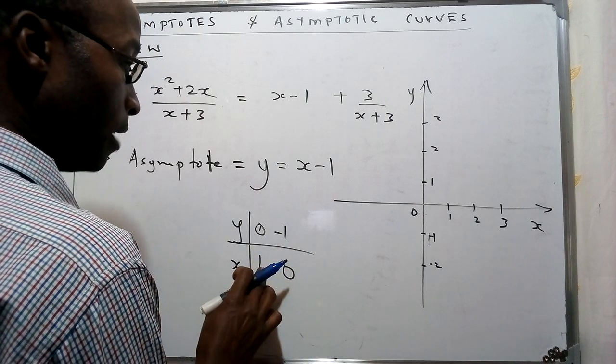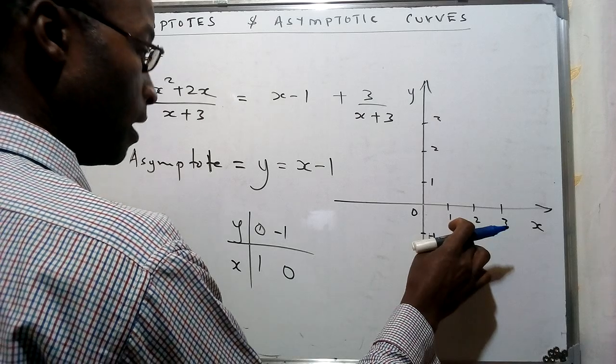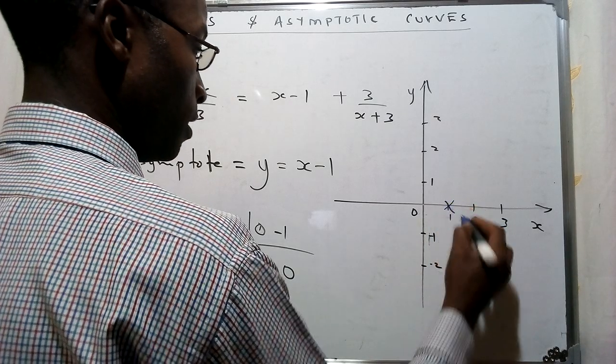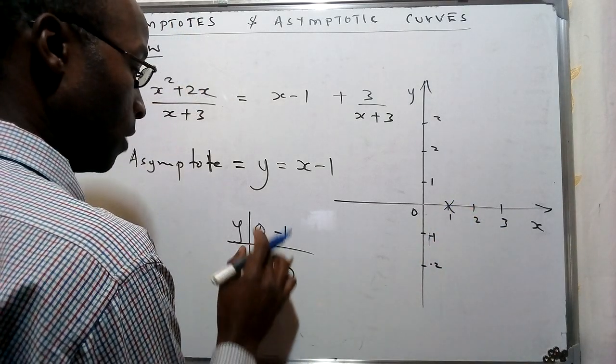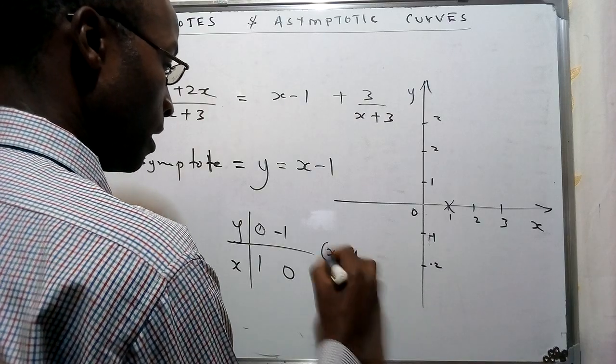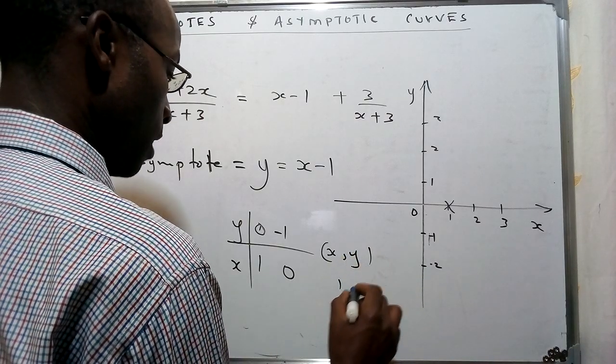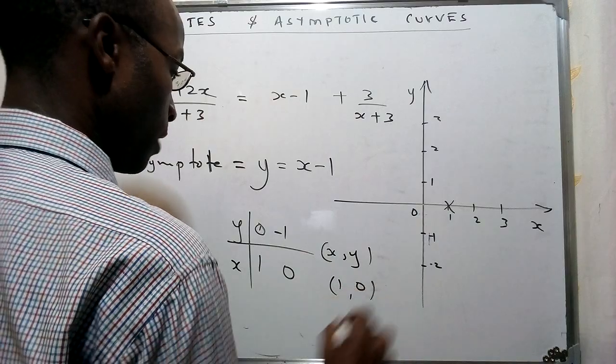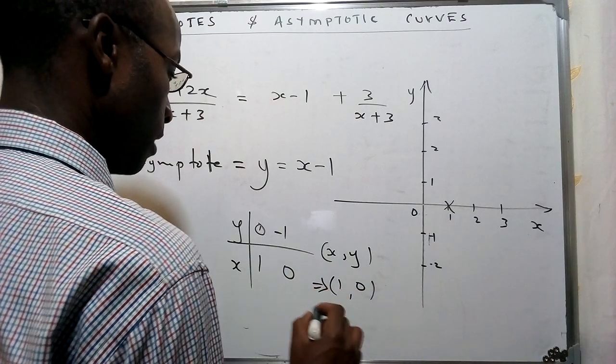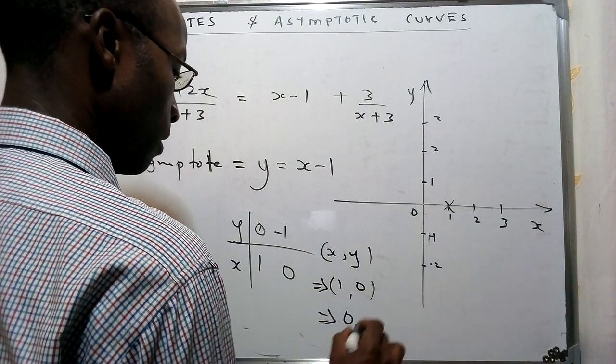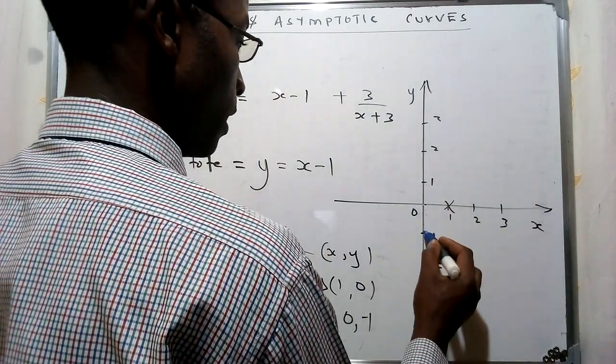If x is equivalent to 1, then we're going to have 0 as one of the coordinates. So we're going to have x, y given in terms of two sets, 1 and 0, and then the second set is going to be giving us 0 and -1.